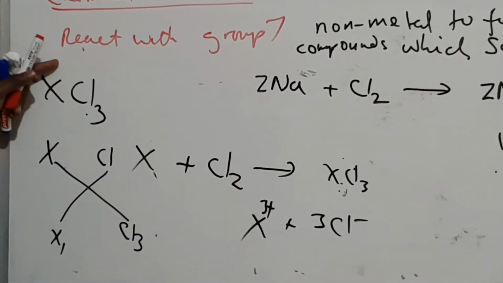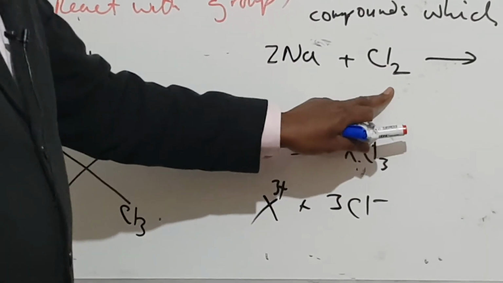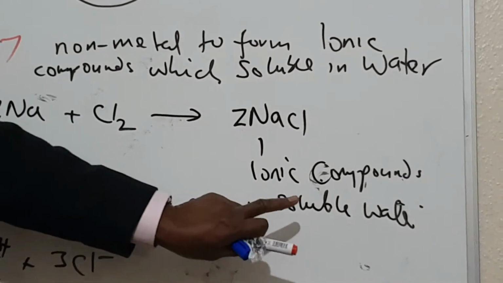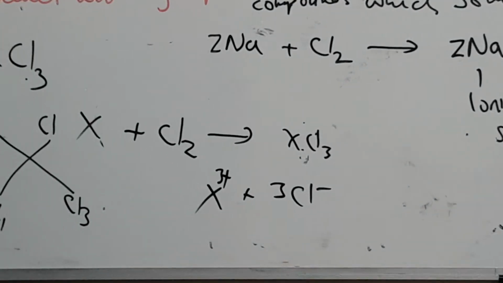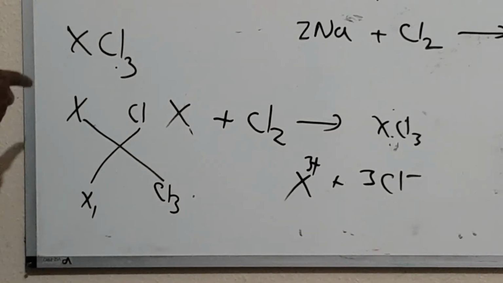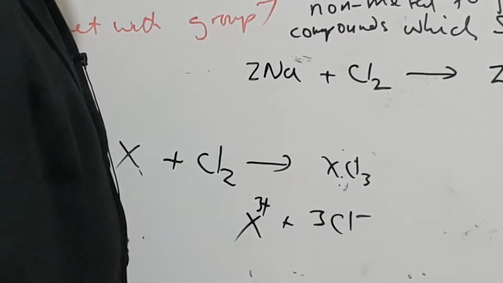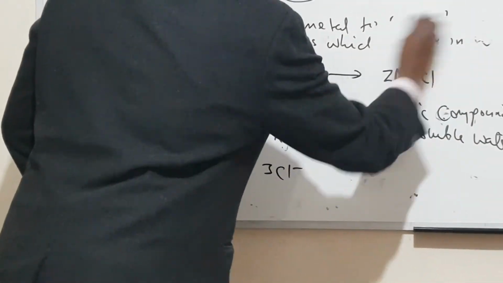Because all group 1 elements, when they react with group 7 elements, form ionic compounds that dissolve in water. So if XCl3 does not dissolve in water, it is not from group 1. That is the first chemical characteristic.